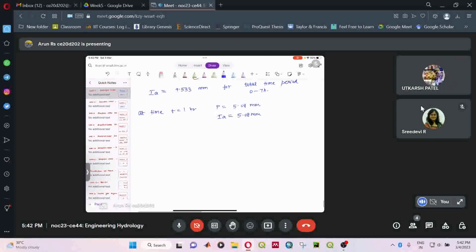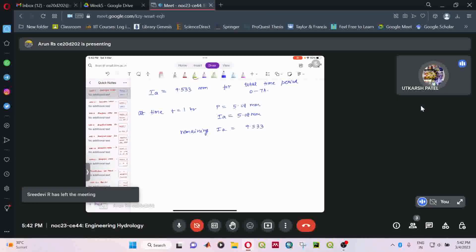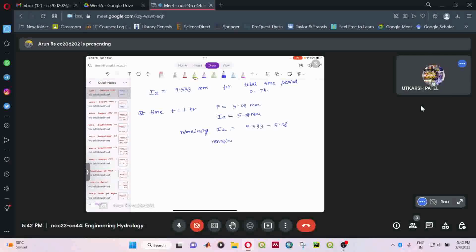So what is the remaining abstraction that is to be satisfied? Whatever is remaining. The total is 9.533 minus 5.08. So the remaining initial abstraction is 4.473 mm. This will be satisfied in the next hour.